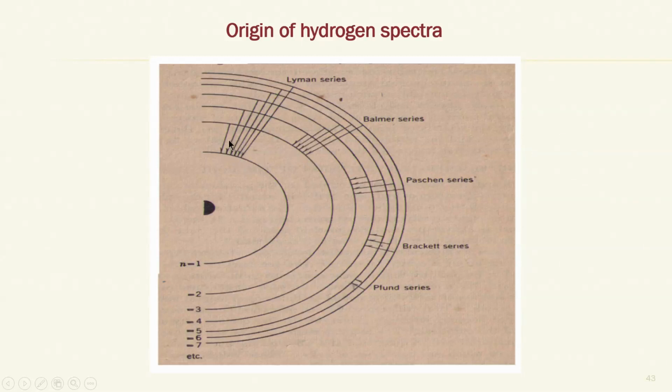All the lines that are in the ultraviolet region are for n equal to 1, and the lines for n equal to 2 are all in the visible region, and like that the others are near IR etc. The beauty is that people first noticed only this Balmer series, and later on they discovered the Lyman series, Paschen series etc. as our understanding of spectroscopy improved to a higher level.